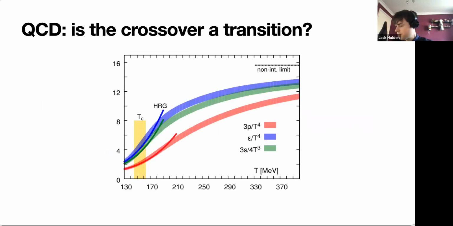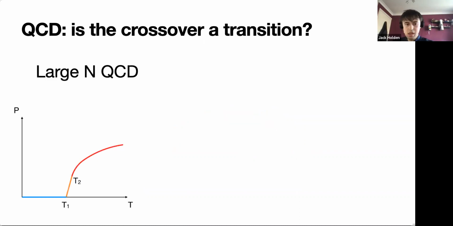This QCD crossover region is known. You can see from this diagram that the crossover is not a first order transition or a second order transition. But we think that this argument about partial confinement might suggest that it's a third order transition or higher. So the argument can be made this way.